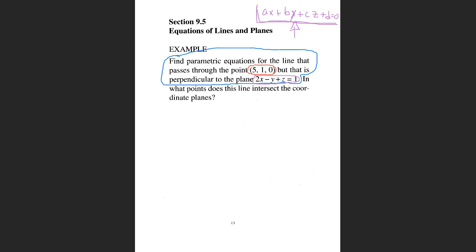And Andrew, slope, that's right. Slope in the three-dimensional sense means find the direction that the line is going in. Good, Ellie. So you're looking at the problem and you say, I don't know what direction the line's going in, but actually you do, because you're told that the line is perpendicular to this plane.